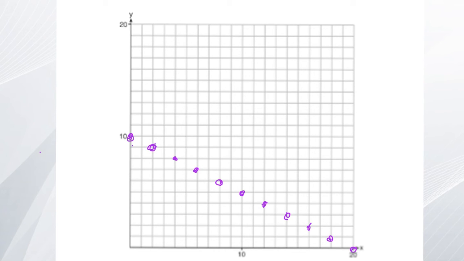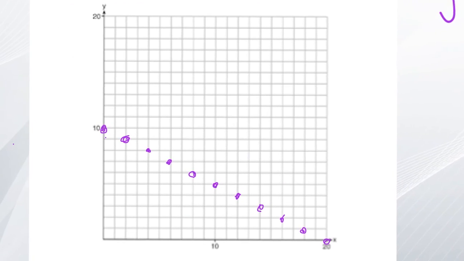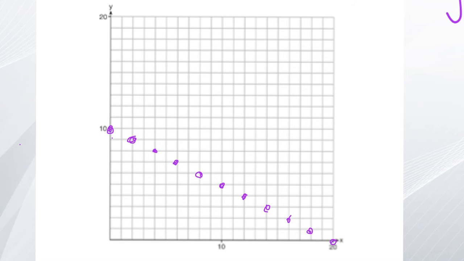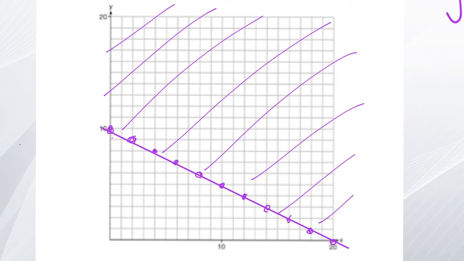And because it is greater than or equal to, we can draw a solid line, and the solution set is anything above it. So let's highlight all of this. And that one was negative 1/2 x plus 10.